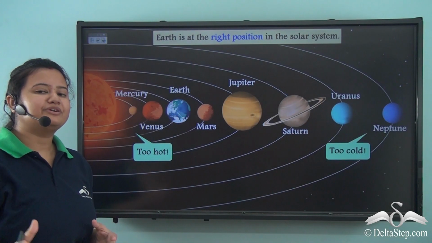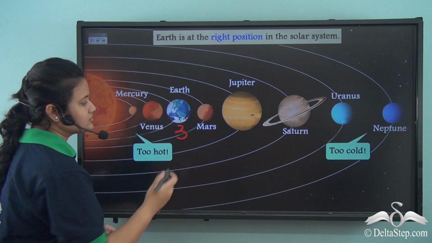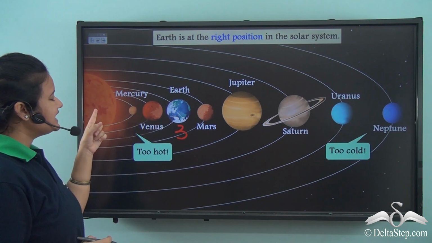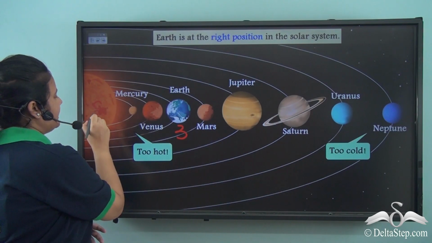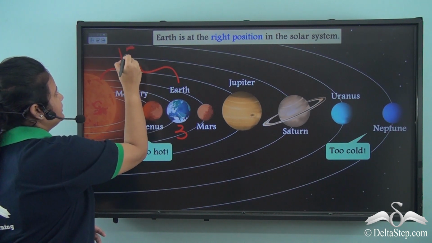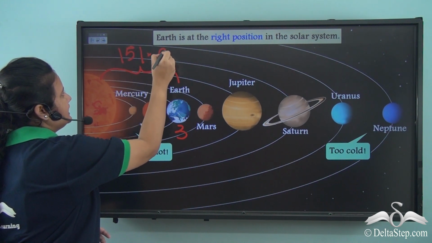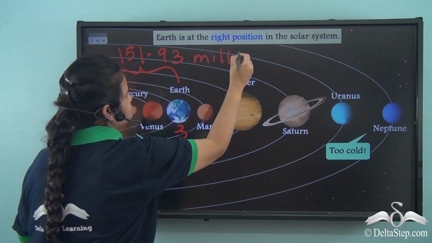Now, if you remember, earlier I mentioned that Earth is the third planet in the solar system with respect to its distance from the Sun. Now, the distance between the Sun and the Earth is 151.93 million kilometers.